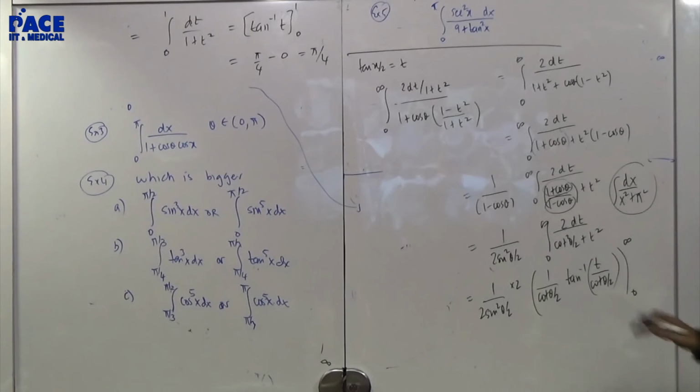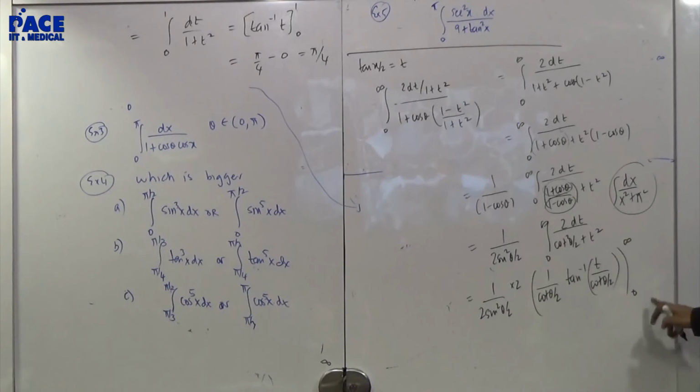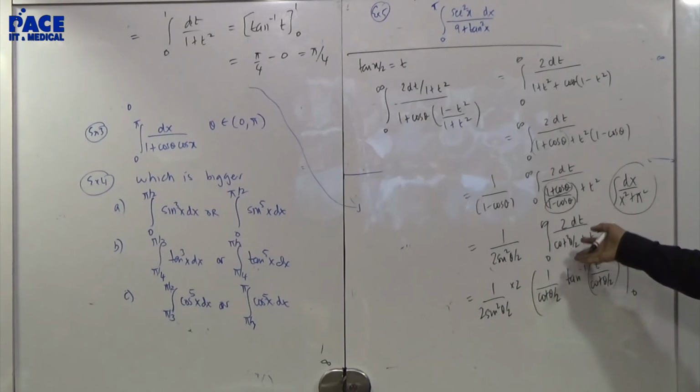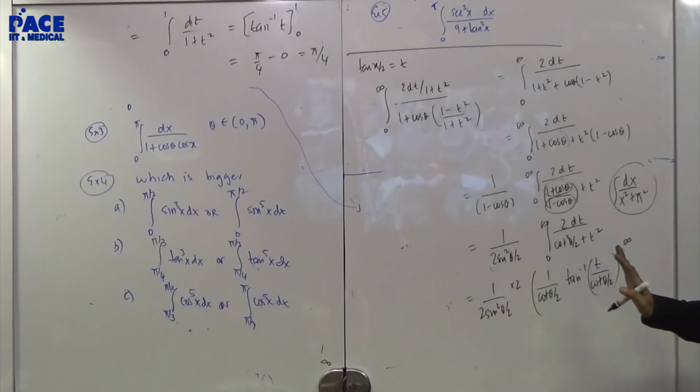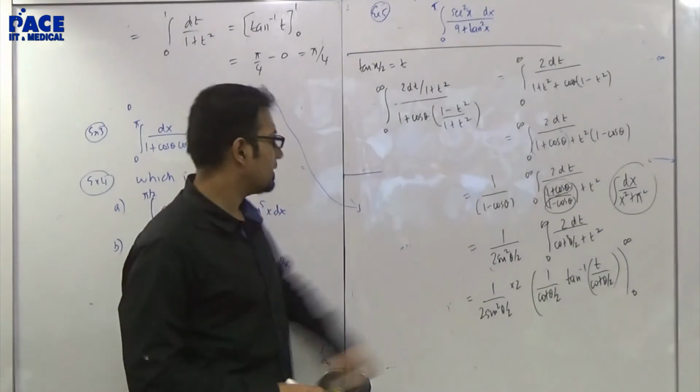Is that clear? Does everybody understand this? Now it doesn't really matter what happens, because if we put infinity, tan inverse infinity will be 90 degrees, and if we put 0, tan inverse will be 0. So this part is simple, and I guess we get the answer over here.